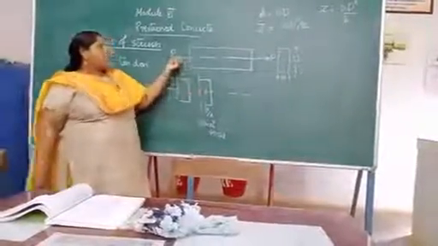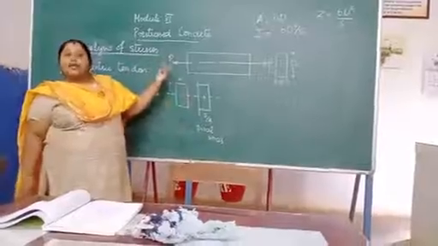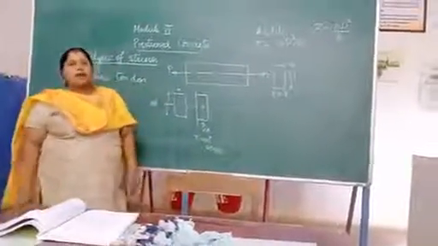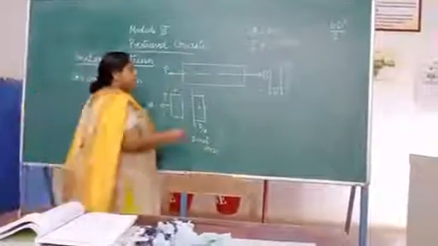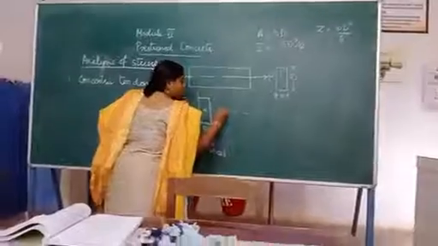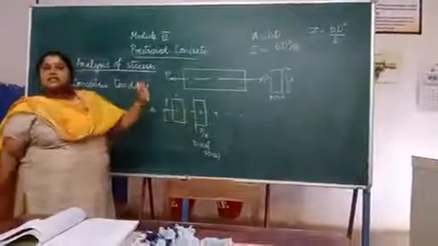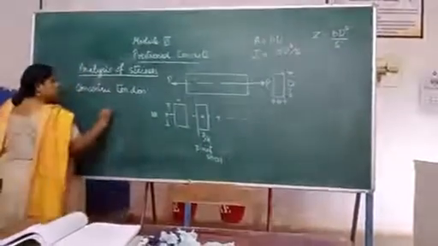Now in addition to this prestressing force, we will have the self-weight of the member acting on the member. Suppose that the self-weight of the member is WD.